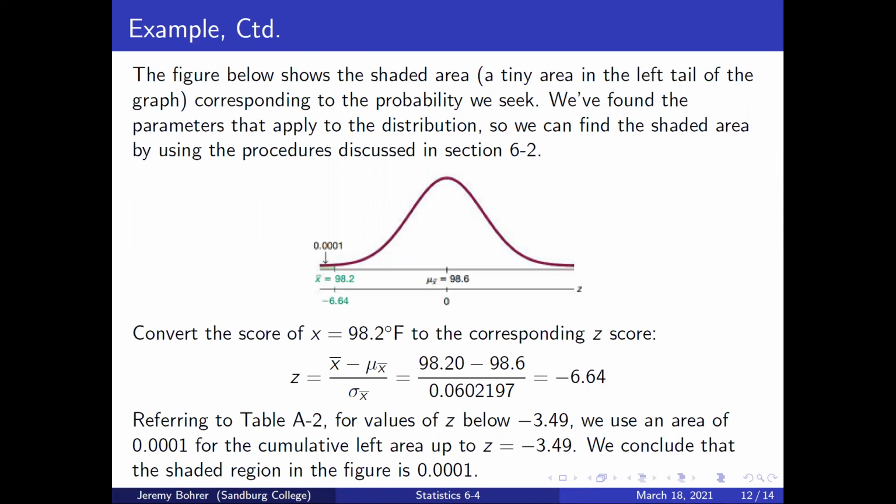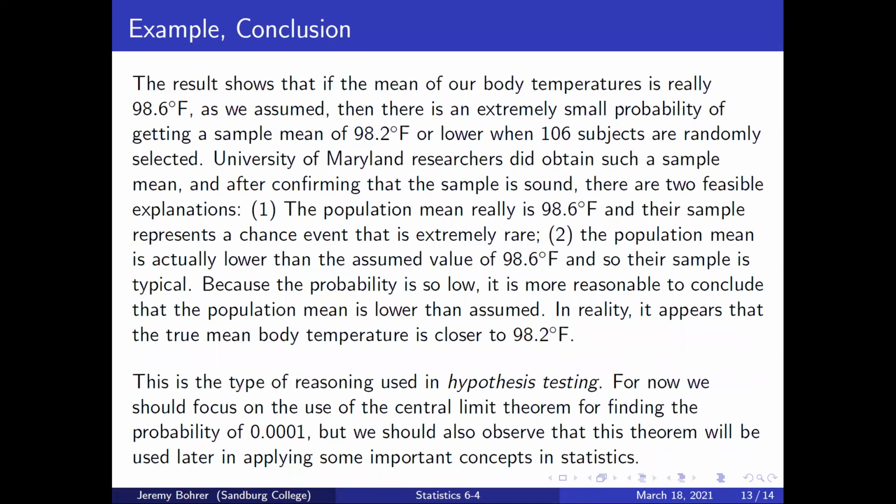Referring to table A2 for values of z below negative 3.49, we use an area of 0.0001 for the cumulative left area up to z equals negative 3.49. We conclude that the shaded region in the figure is 0.0001.